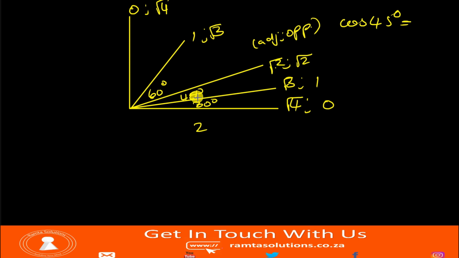This is 0 degrees, 30 degrees, 45, 60, 90. So you want 45 degrees. What is cosine? Cosine is adjacent over hypotenuse. This value here is the hypotenuse. So what is 45? Its adjacent is root 2. What is hypotenuse? It's 2. Okay. Let me now take cos 60 as an example.